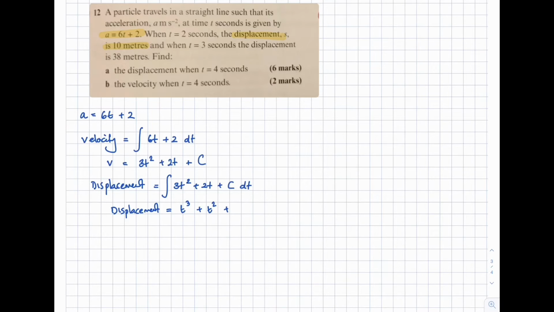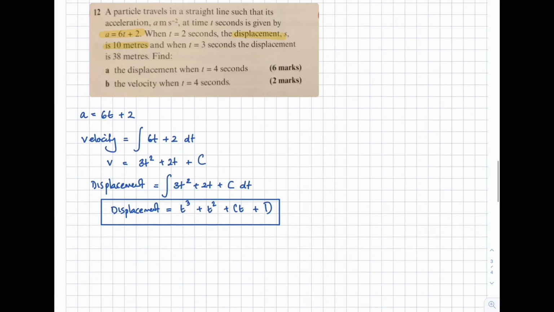Well, when you integrate a constant, or when you integrate a number, you get ct, so you just attach a t next to it. But then don't forget, even this end result will end up with having a constant of integration as well, which we're going to call capital D. So this is my expression for displacement in terms of t.